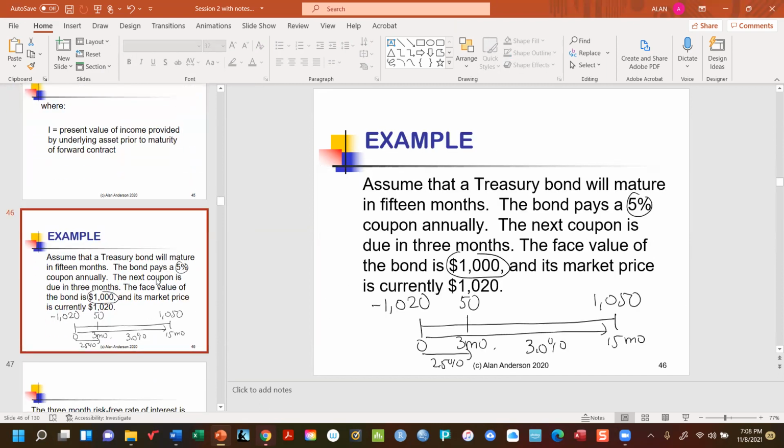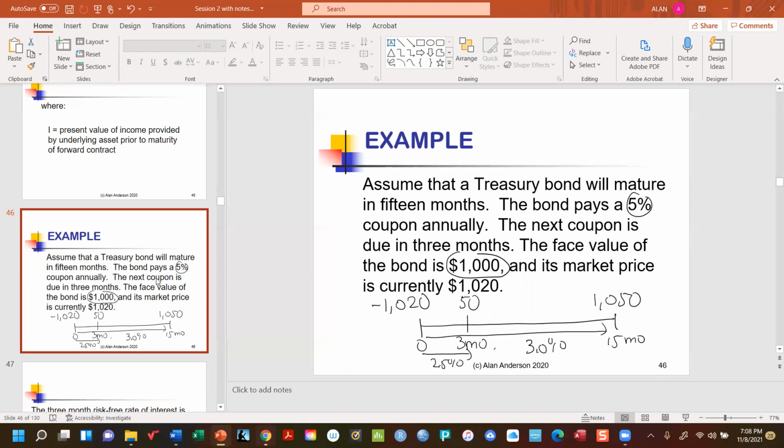Okay, so let's look at an example of this. Now we have to be careful with the timeline. So I've drawn a little timeline for you there. A treasury bond will mature in 15 months. To keep it simple, let's assume that its coupons are paid annually, 5% per year. The next coupon is due in 3 months. The face value of the bond is $1,000, and the market price is $1,020.